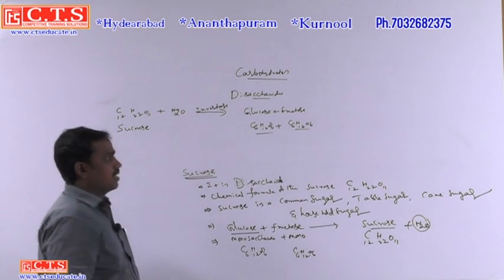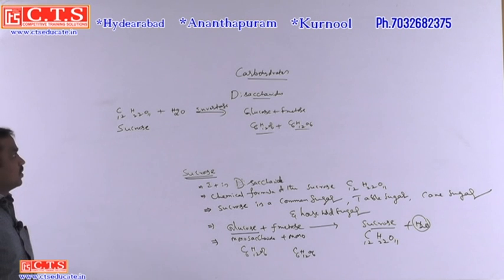When sucrose is dissolved in water in the presence of invertase enzyme, glucose and fructose are both obtained.